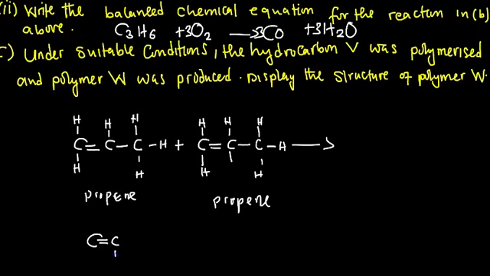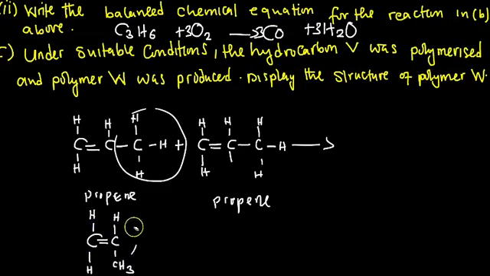Let me put this one down, C, this whole part here. C is attached to 3 hydrogens to be CH3, like this. Then this one I'll put a hydrogen, hydrogen, hydrogen. So this one is just the same as this one, okay?